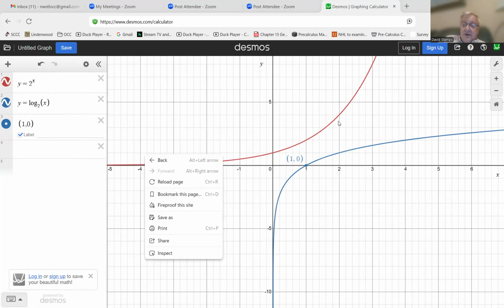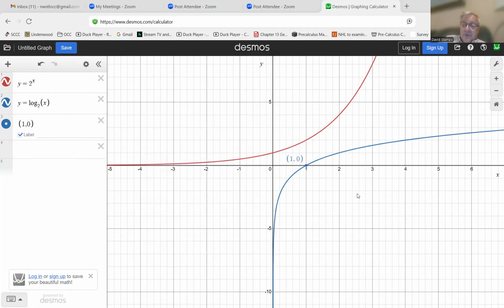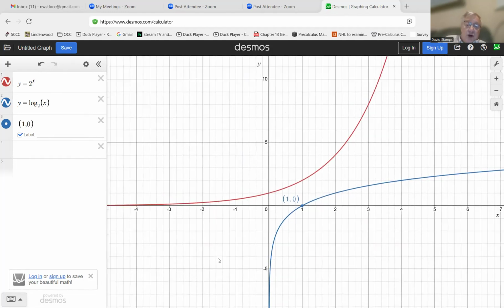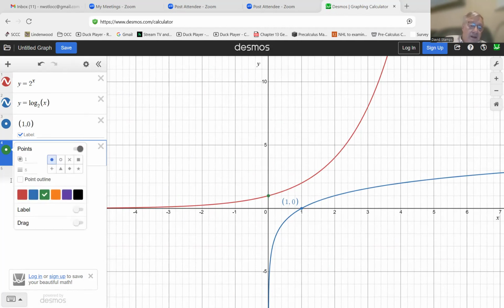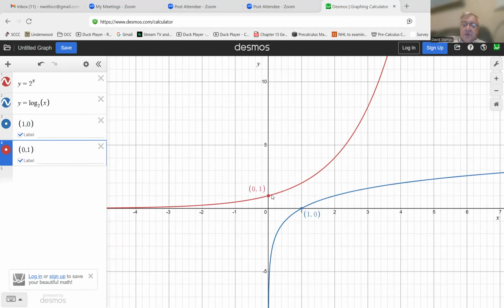And you see a distinctive pattern that I mentioned. For the exponential function, let's put a red point on here.